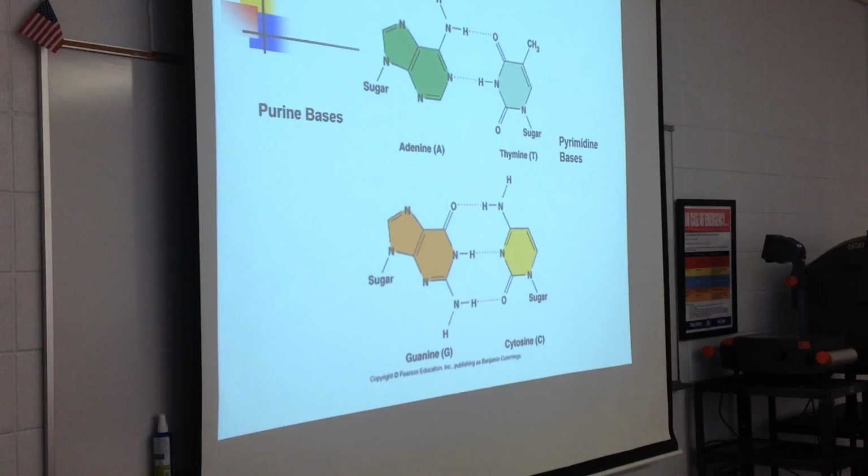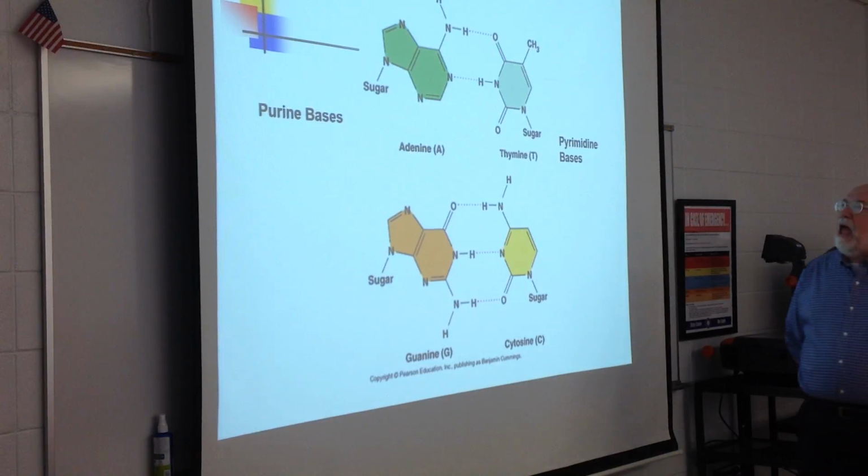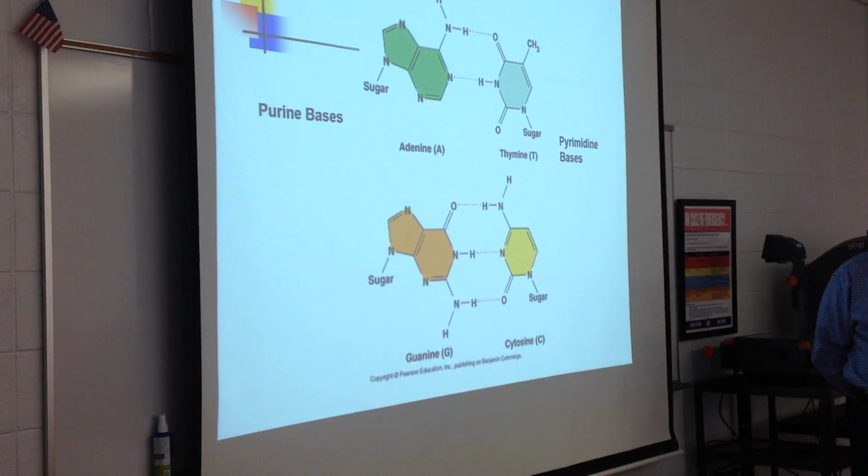Now, in the molecule, adenine pairs with thymine and cytosine with guanine. So a DNA nucleotide would be deoxyribose, phosphate, and adenine; deoxyribose, phosphate, and thymine, and so on down the line. Just 4 nucleotides. That's all there are.